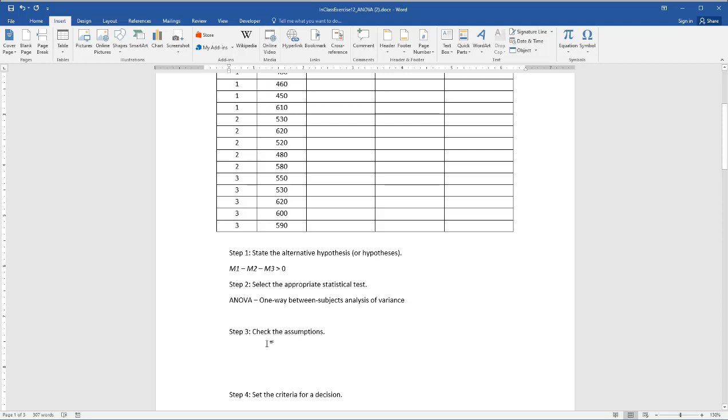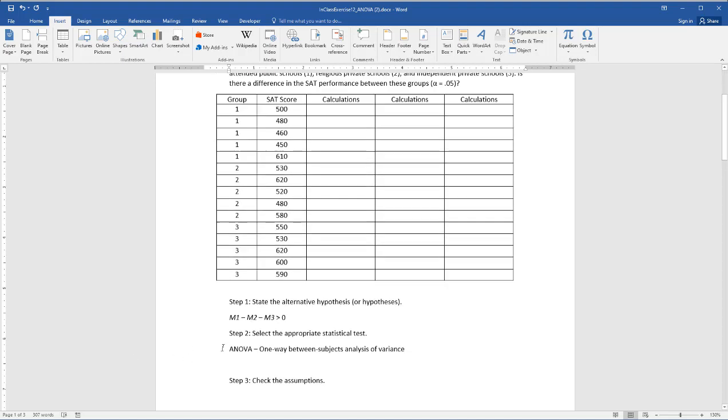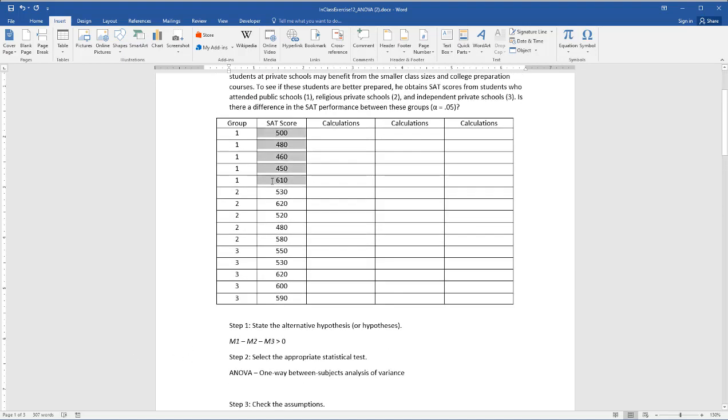For our assumptions, the assumptions are going to be basically the same as the independent samples t-test, where we should have randomness, we should have independence, we should have normality. That is normality by group. So the scores for group 1 should be normally distributed, the scores for group 2 should be normally distributed, and the scores for group 3 should be normally distributed.